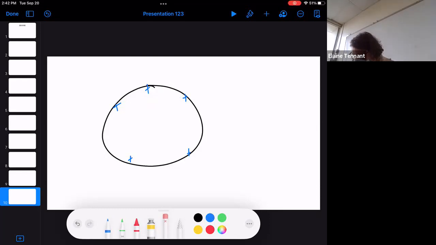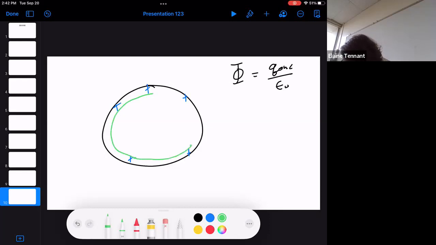So I think about Gauss's law, where Gauss's law says the flux through a surface equals the charge enclosed by my surface divided by epsilon naught. And so I make a surface just on the inside of these charges, which remember, these charges are right on the surface of my metal.